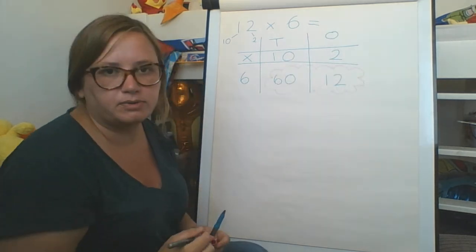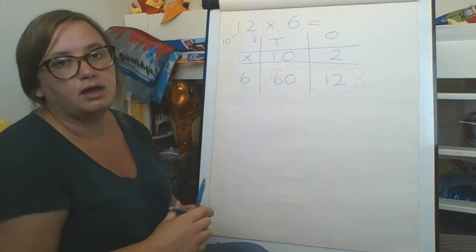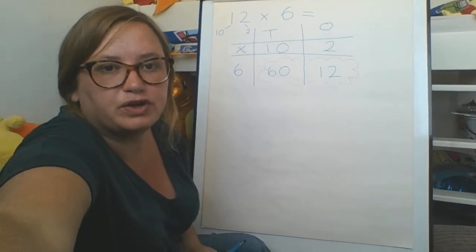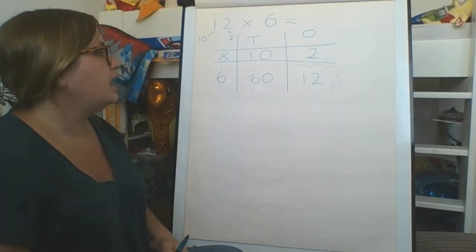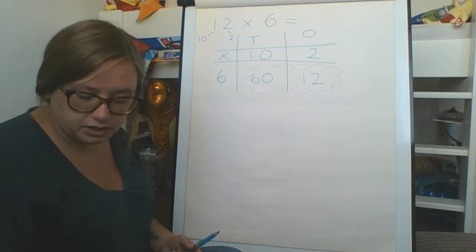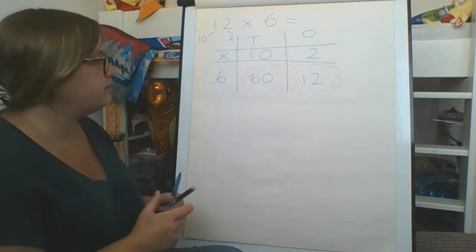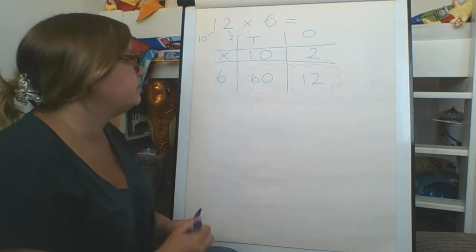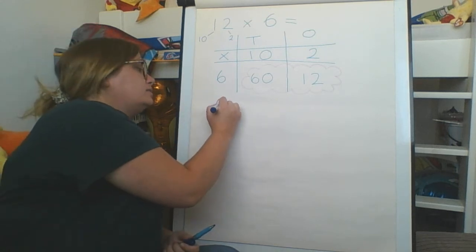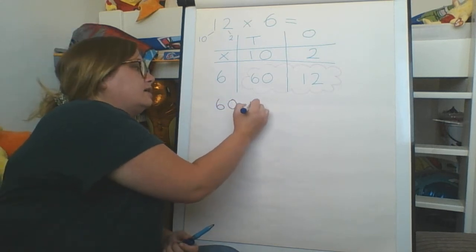So now that I've got those two numbers, I need to take my answer numbers. You don't have to draw the bubble, I'm just trying to make it nice and clear for you how it would look. And then with those numbers, you need to add them together. So I would do 60 add 12.